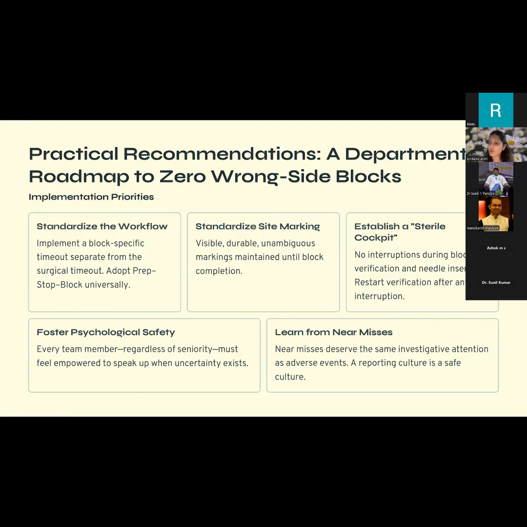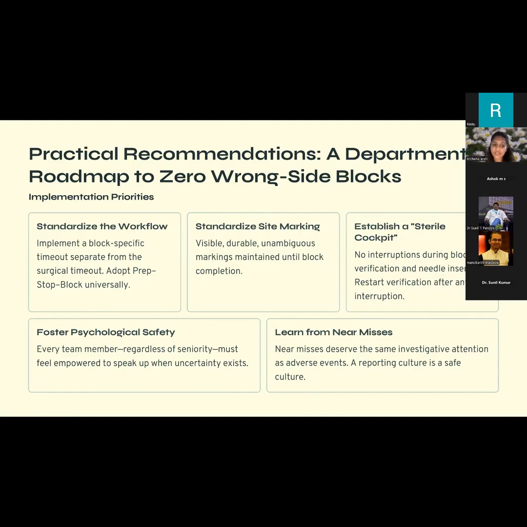Empower them to stop and prevent us from moving forward and proceeding with the techniques. Establish a sterile cockpit, wherein when you're doing the procedure, you reduce interruptions during the block, verify the needle insertions, and have closed-loop communication with each other.